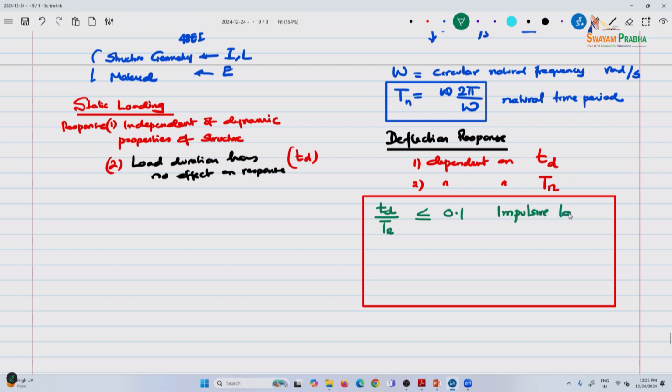It's considered an impulsive load. If it is between 0.1 less than Td over Tn to 1.0, this is considered to be a dynamic load.